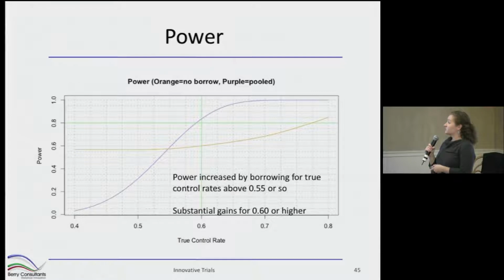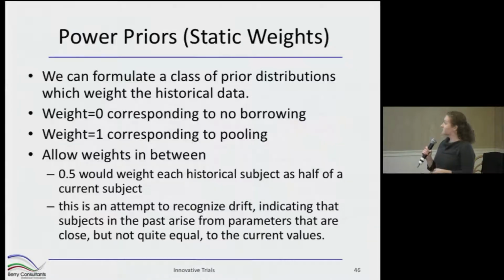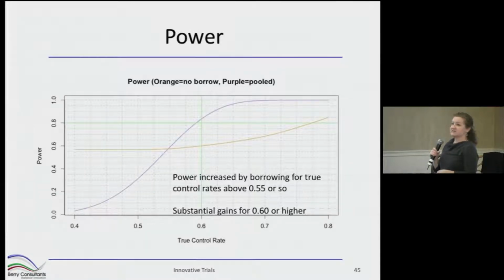If our true rate starts to differ from that 60%, though, we see the power for the pooling start to go down quite substantially, where it starts to plateau if we ignore that data. So what we've done in this example was we've just decided to completely, 100%, use the data that we saw in the previous trial.